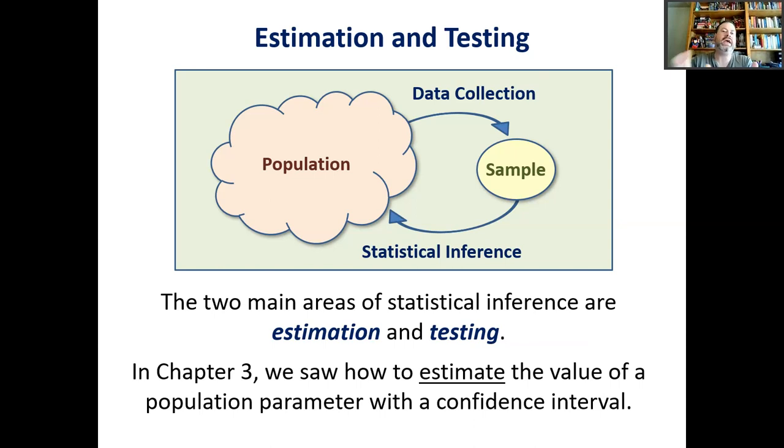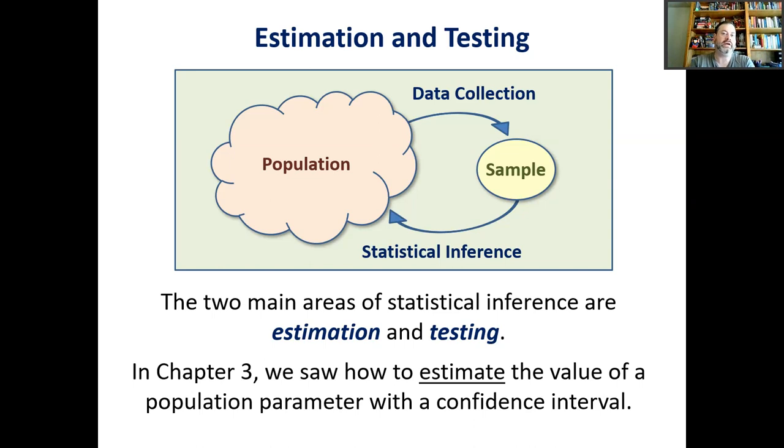So the main idea here is that estimation uses the sample to give an interval estimate for the unknown parameter. Testing is different. Testing takes a hypothesized value of a parameter.